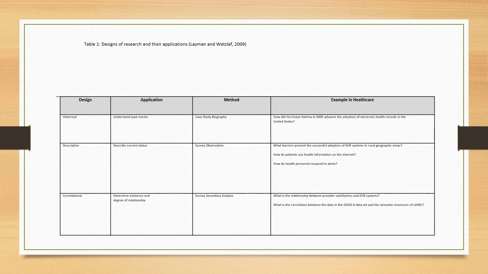So there is a historical design and descriptive design and correlations design. For the historical design, the application of the historical design is in order to understand the past events, and the methods that they use are case study and biography.